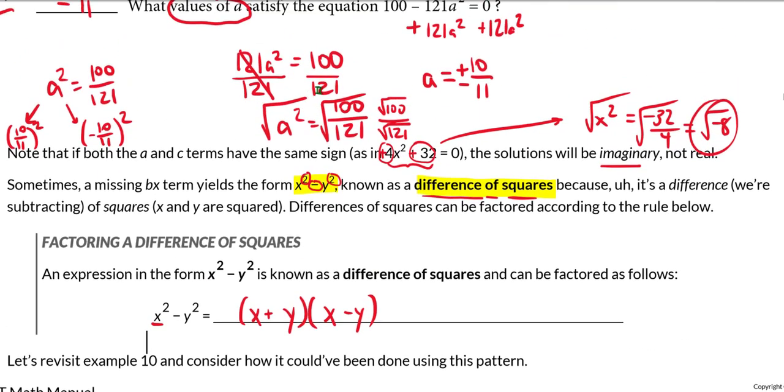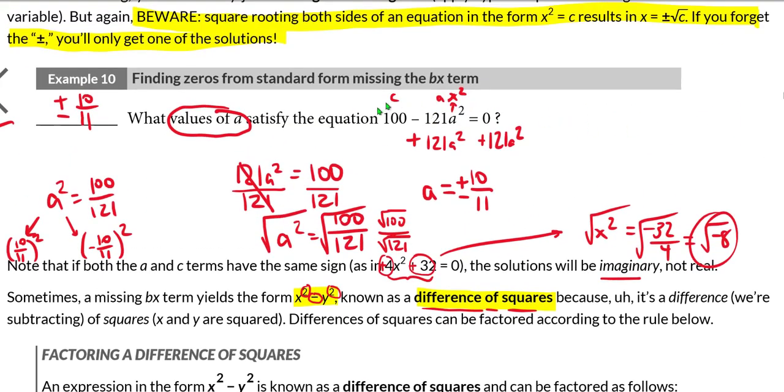In fact, on number 10, some of you may have already noticed, a lot of you probably didn't, however, that this is a difference of squares. 100 is 10 squared, and 121a squared is 11a squared. So that is a difference of squares.